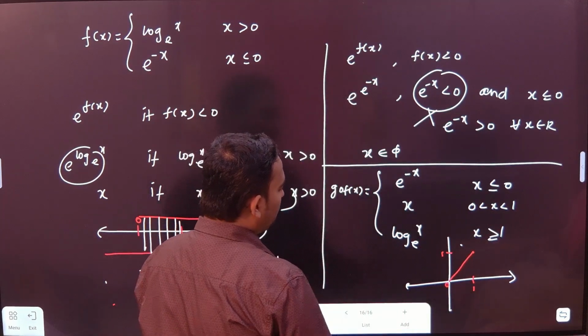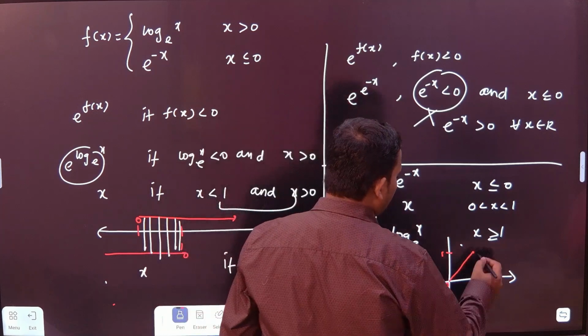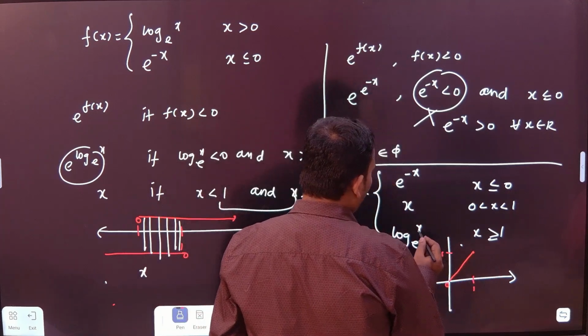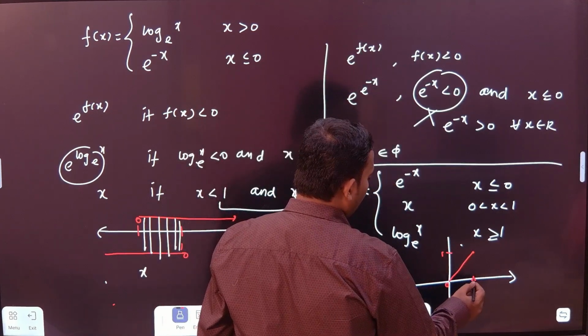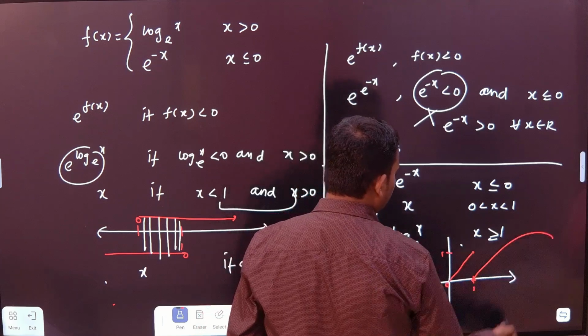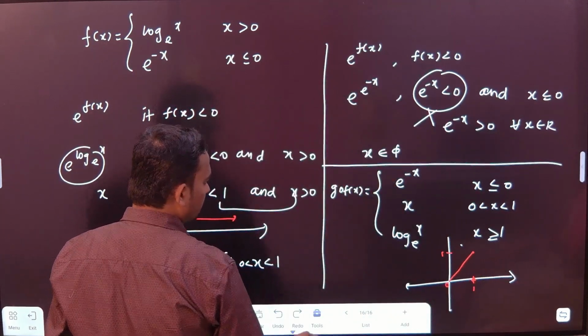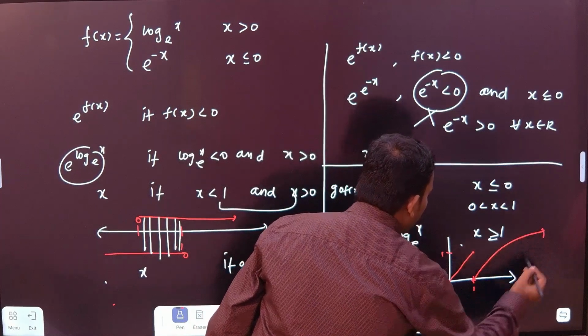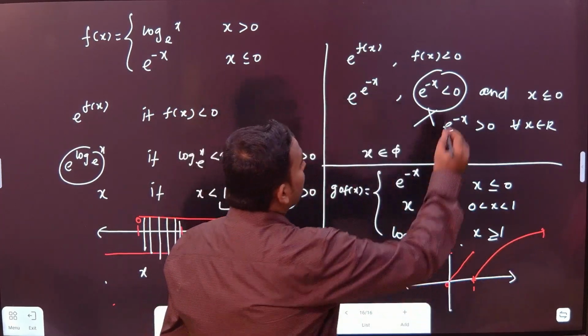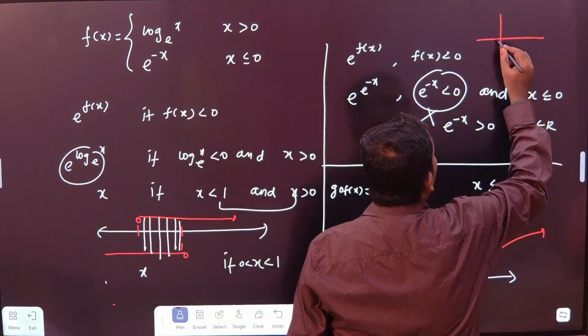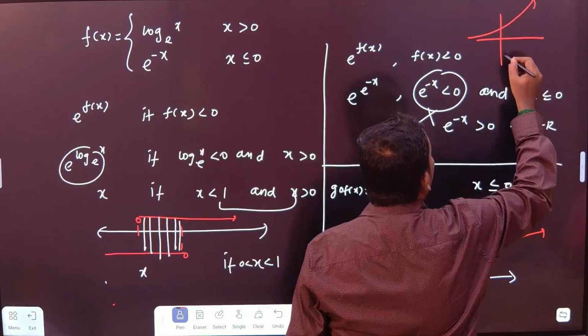When x is more than 1, the log x graph: if you put log 1, it is 0. So the graph will be like this. Understood? You know the log x graph? This is the e power x graph.